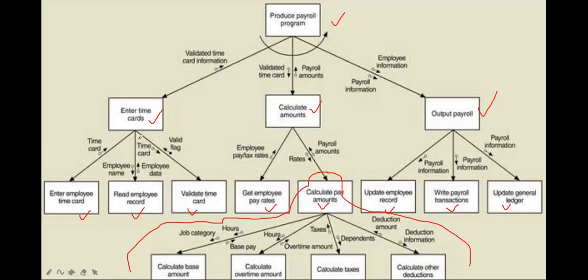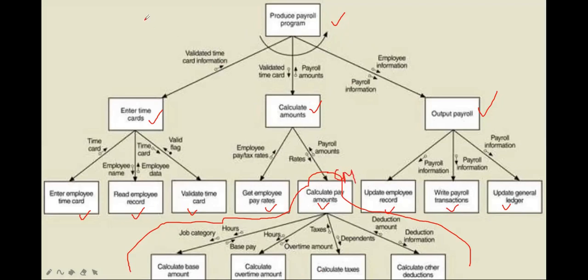Now here you can see the arrows, how the data is traveling from which direction to which direction. These are all the subordinate modules, and this particular one is called the control module. For these subordinate modules, this is considered the control module, and the same goes for the others.